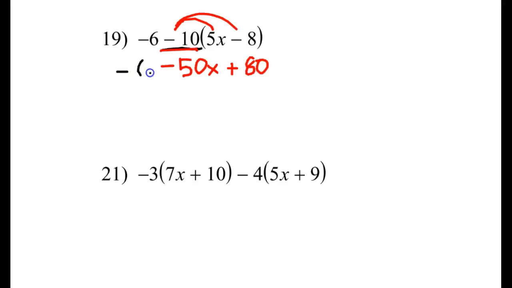Bring down to -6. And then you can see how there's 2 numbers, so those will be combined. The -50x stays the same because that's the only variable. That's going to be the first part of the answer. And then 80 minus 6 is 74. Okay.